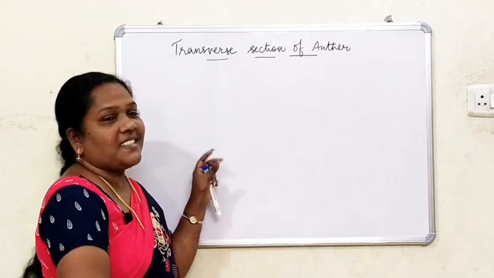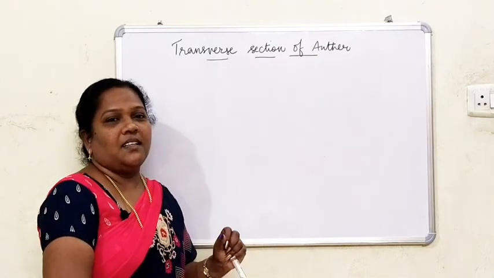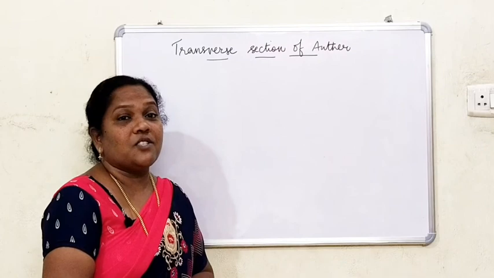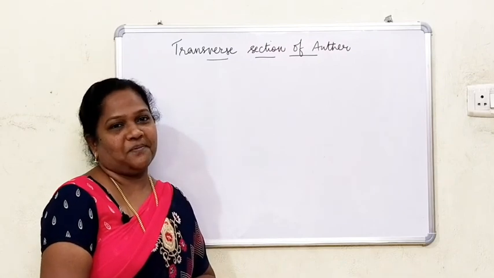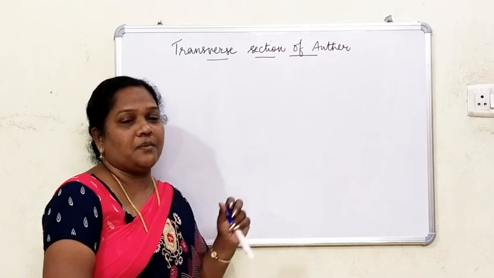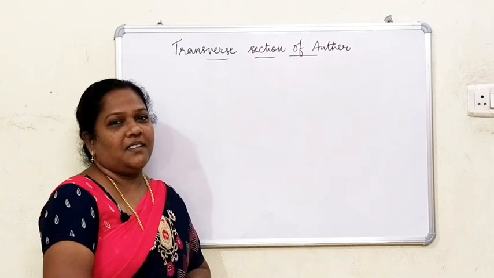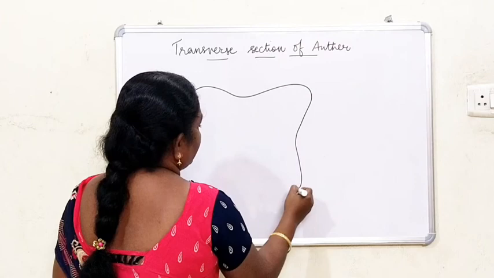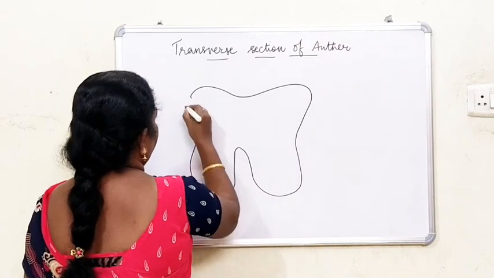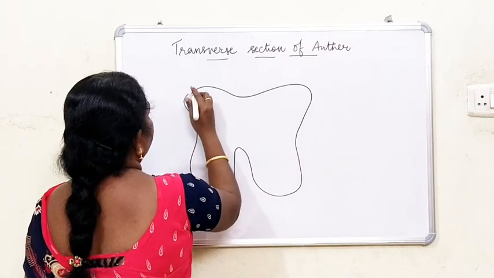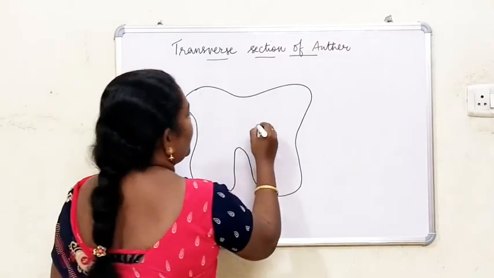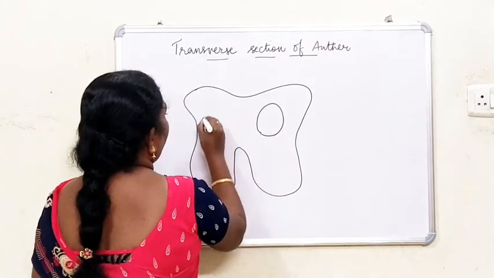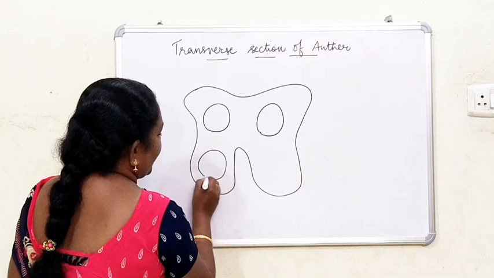When you look at this transverse section, the anther consists of four walls, and it is protected by them. So this is the transverse section of the anther. Here you have four microsporangia.